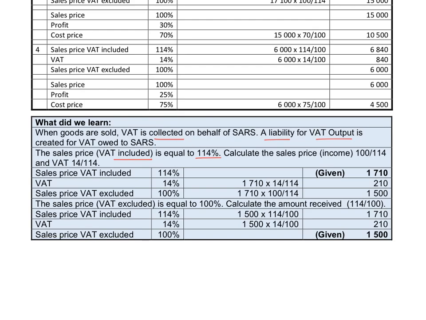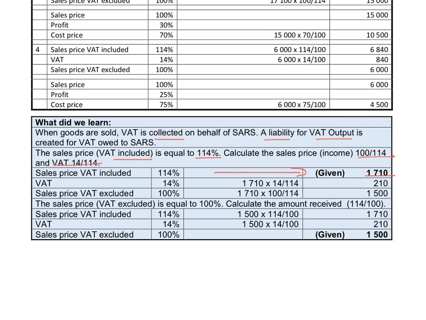Calculate the sales income as 100 over 114 and the VAT as 14 over 114. So if the sales price VAT included is given, then the 114% figure is given, and you will calculate the VAT 14 over 114 and the sales price income as 100 over 114.